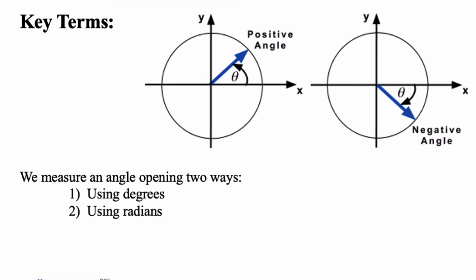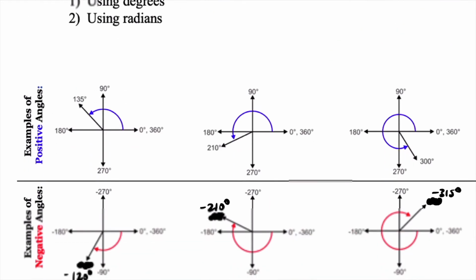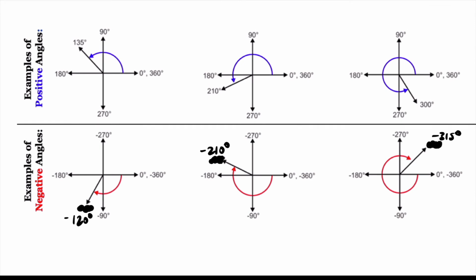Otherwise, it's not a triangle, it's another shape. We're going to learn today about something called radians. I'll explain what they are later. It's similar to degrees, it's just a different system.